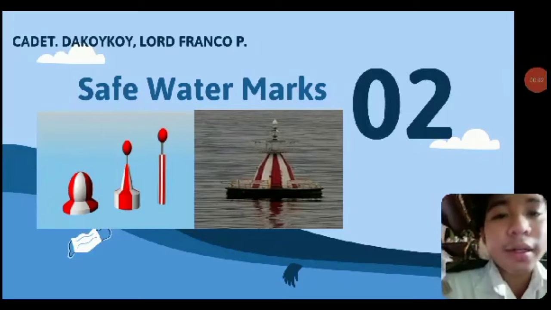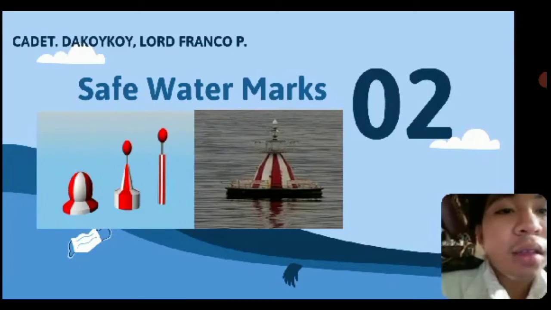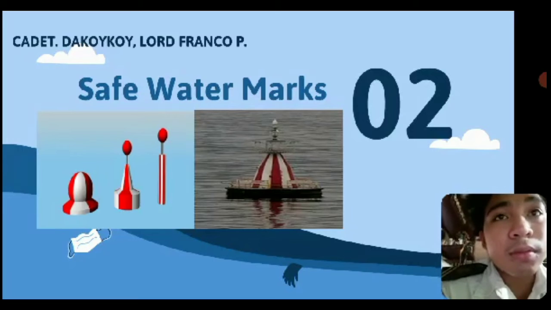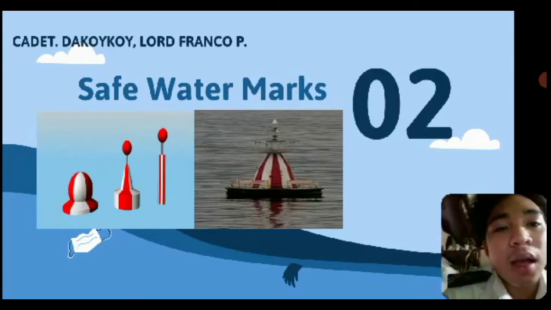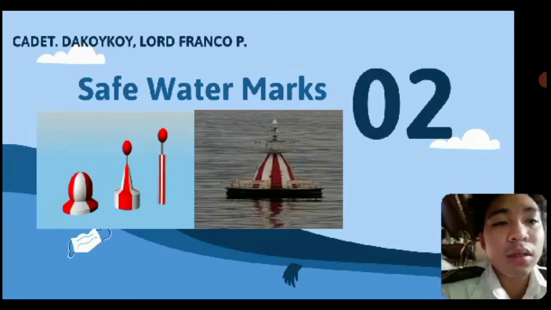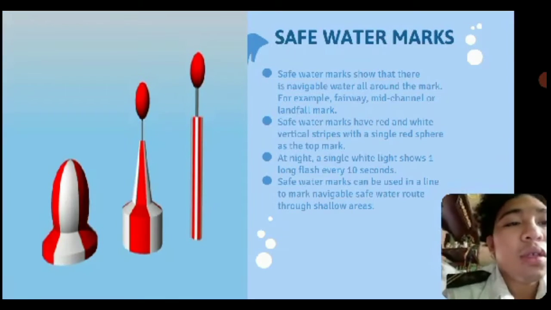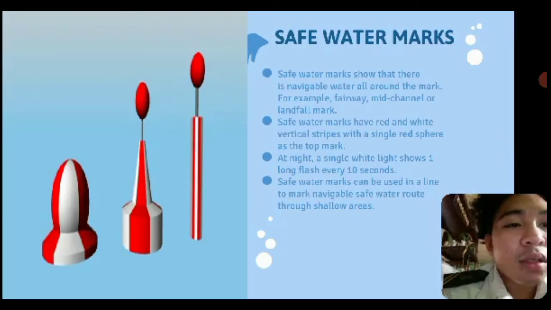Good day everyone, I am Cadet Dakoy Lord Franco, and I am going to discuss the safe water marks. Safe water marks show that there is navigable water all around the mark, for example a fairway, mid-channel, or landfall mark.